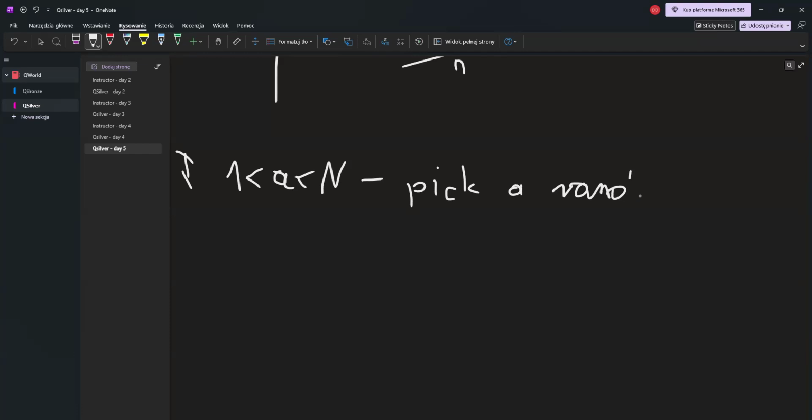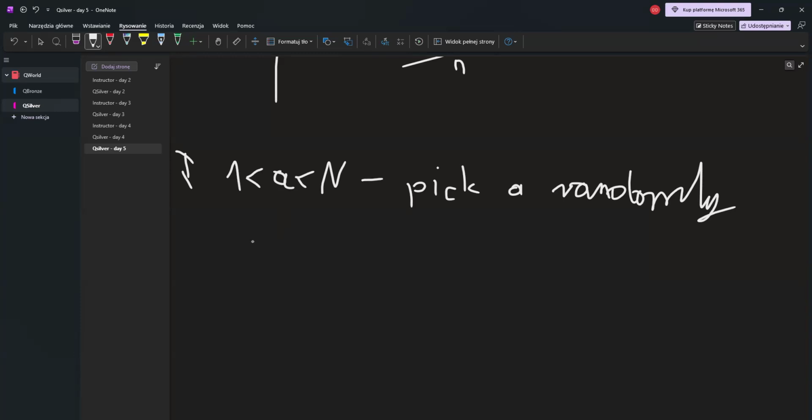And as you should remember from the last lecture, this will be our input for the order finding algorithm. But before we apply the order finding algorithm, we need to do some checks on A, because not every A will be a good number for us.